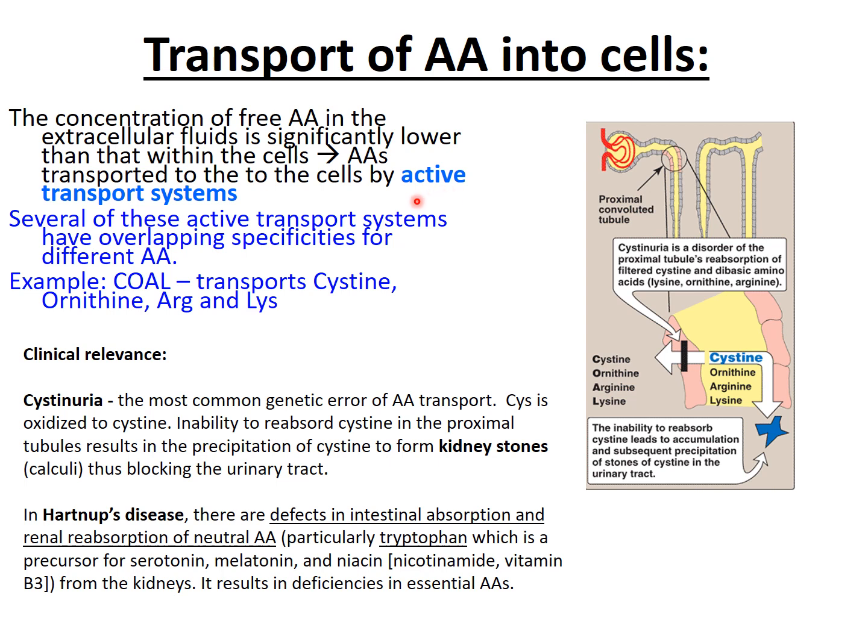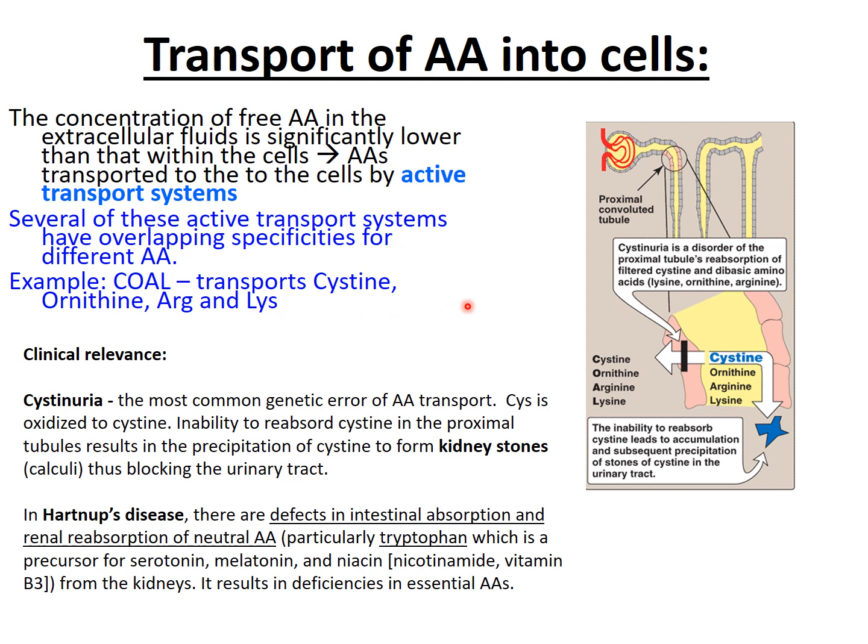Now, active transport means that we need to use ATP for that transport system. And there are many different transporters. One is called COL, which transports cysteine, ornithine, arginine, and lysine into the cells.